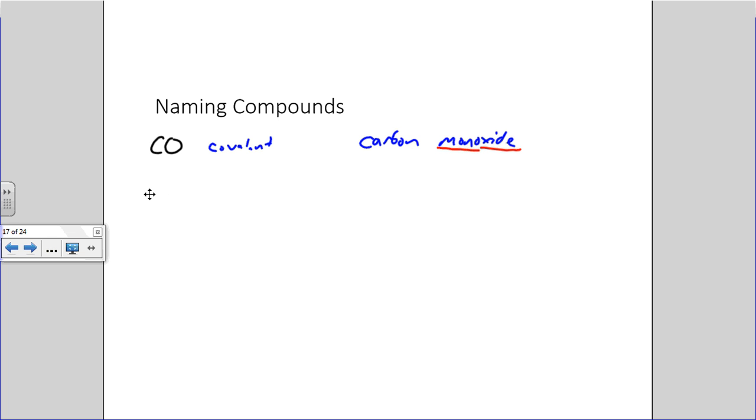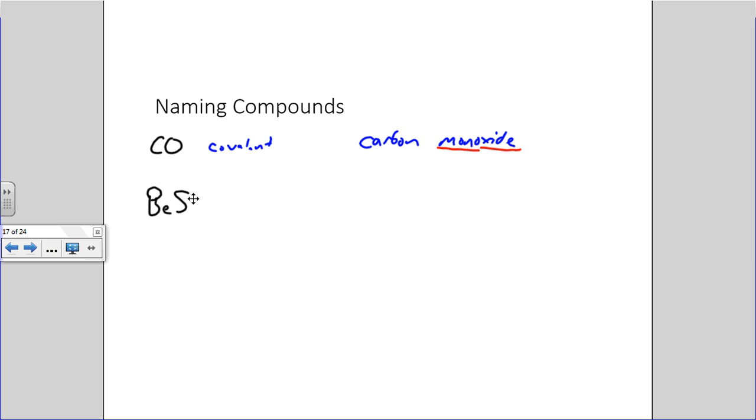Next, we've got BeS. So to do this one, you look up what we got. So Be is beryllium. That is a metal. S is sulfur.